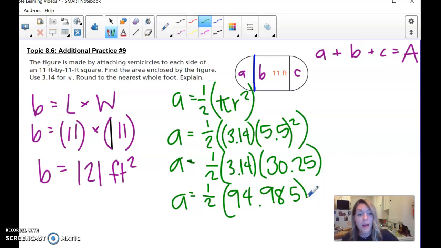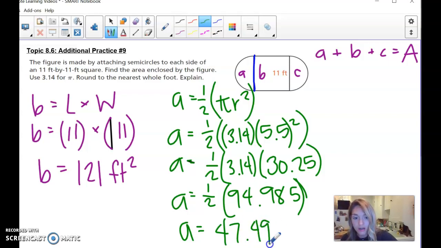And if I multiply that by 1/2, or 0.5 if it's easier to put in a calculator, I get A is equal to, I'm going to round to the nearest hundredth, 47.49 feet squared.